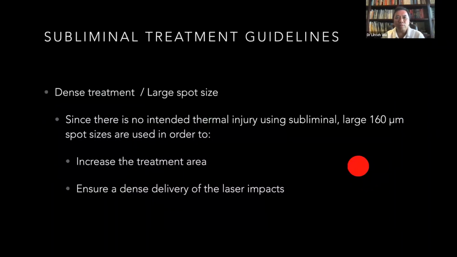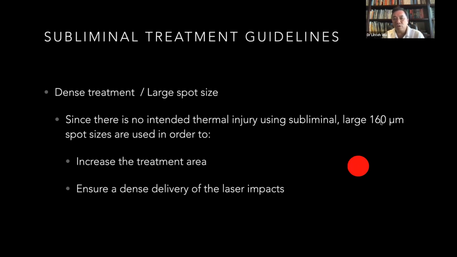So in the treatment guidelines, Jay will talk to you about this in more detail. We can use large spots because there's no intended thermal injury. Large, so 160 micron spot size, are used in order to increase the treatment area and to ensure dense delivery of the laser impact.